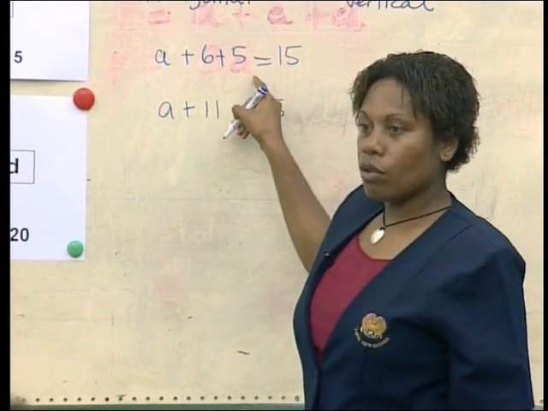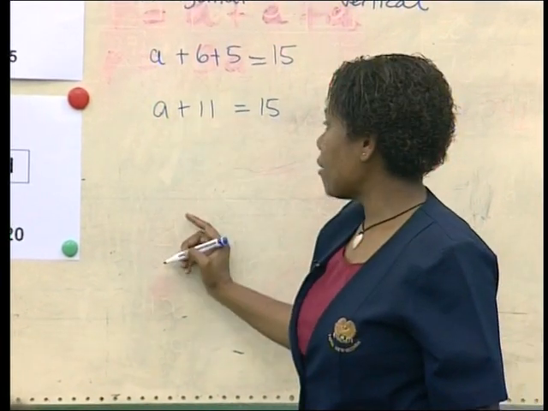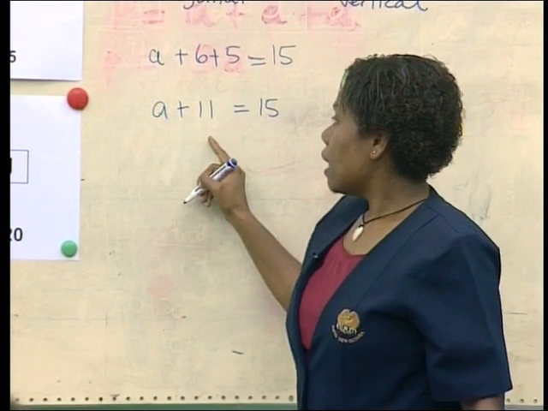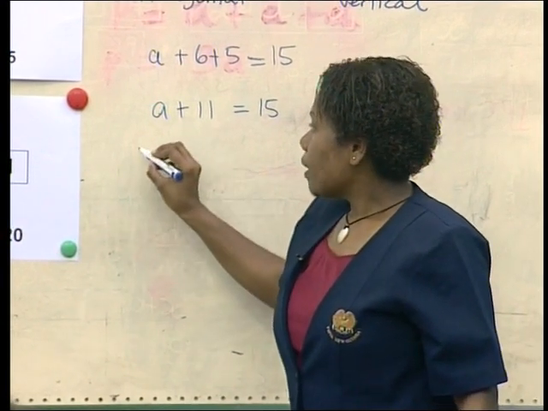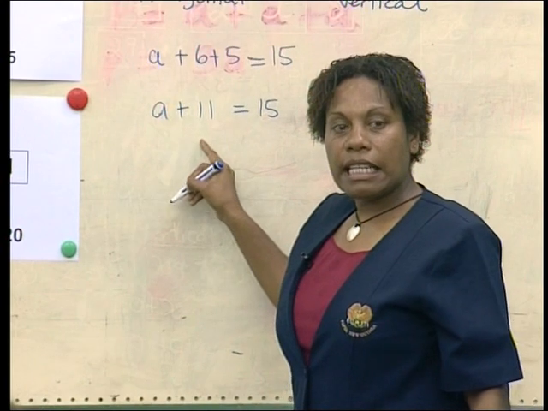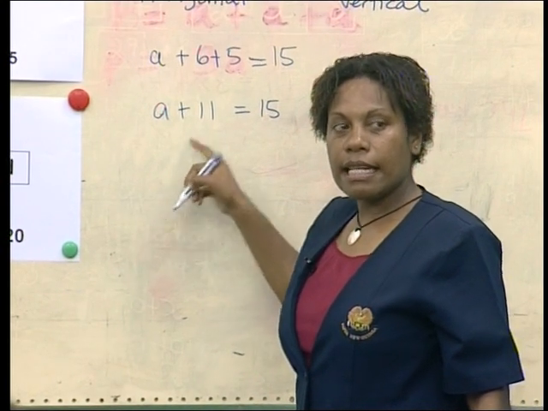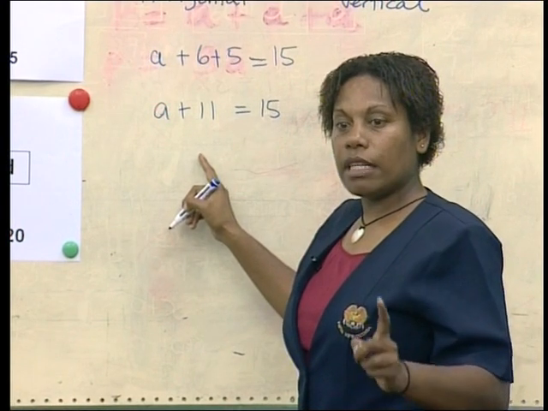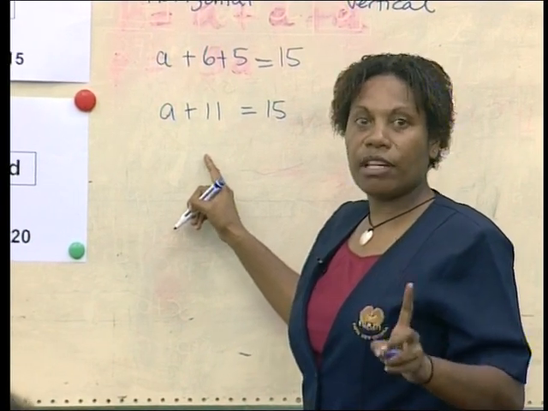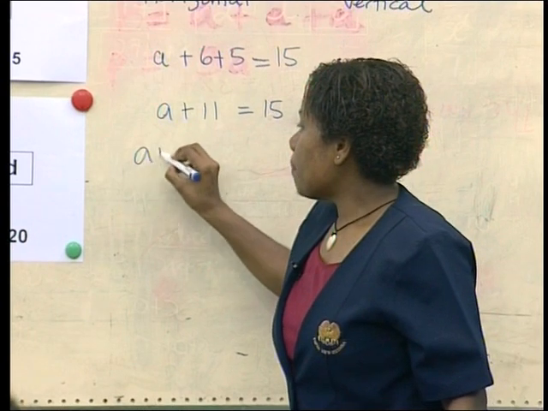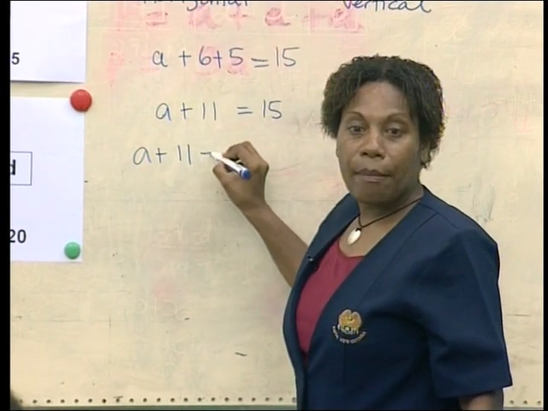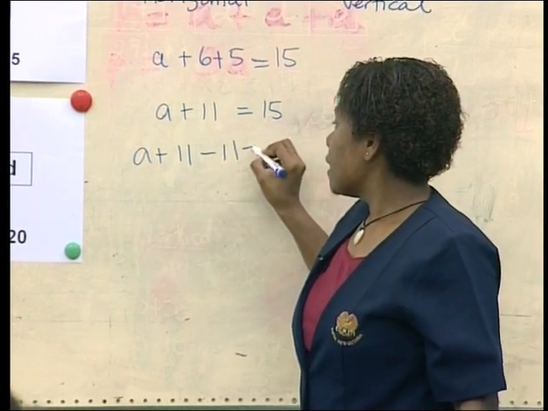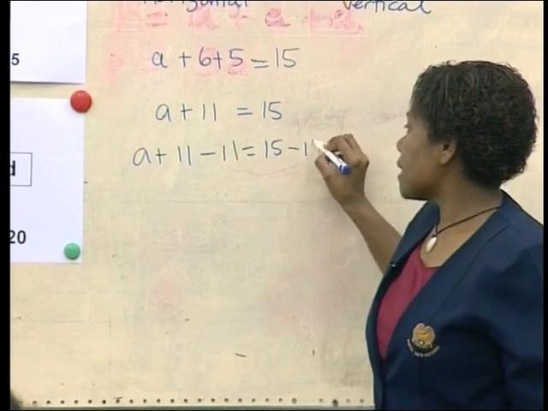You're collecting the like terms, 6 plus 5. Receiving students, 11 minus 11. You have to subtract 11 on both sides, so that we get rid of the 11 and leave A on its own to find the value of A. So, A plus 11 minus 11 is equal to 15 minus 11.